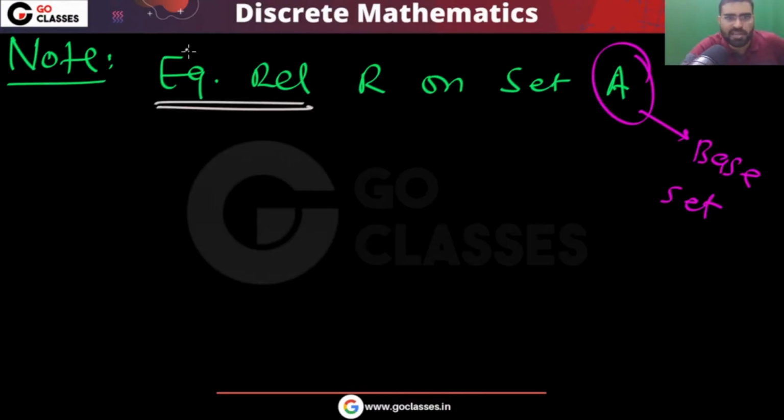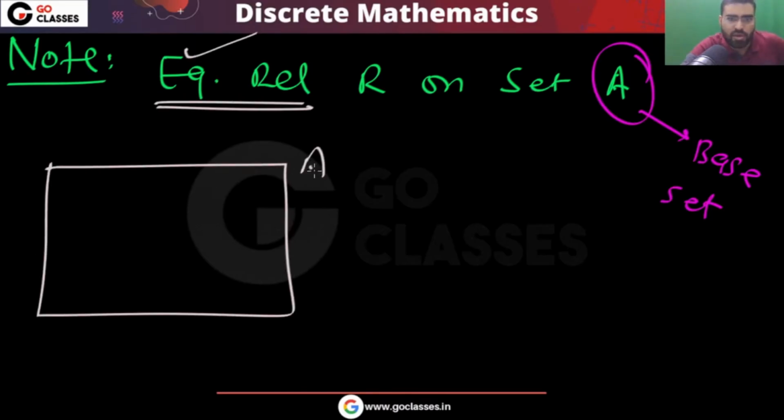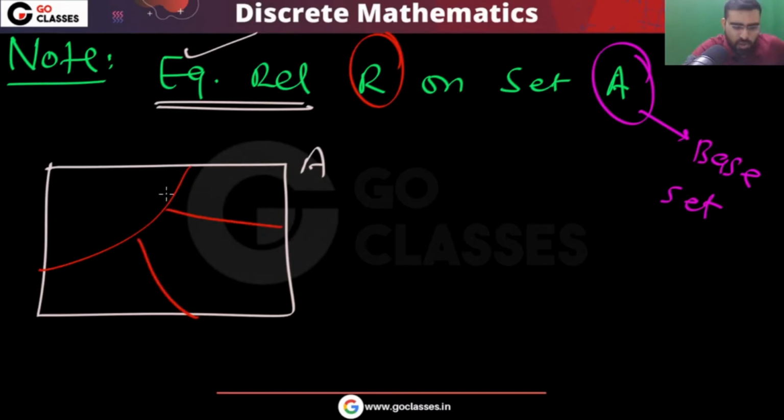You have an equivalence relation, then the partition of A will happen. Because of this relation R, this A will partition into some equivalence classes. The number of equivalence classes can be finite or infinite. Remember, it can be infinite also.